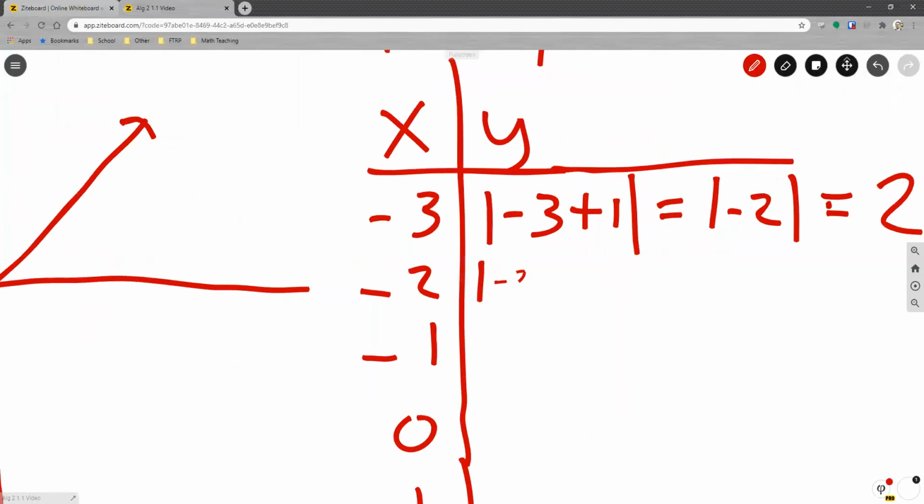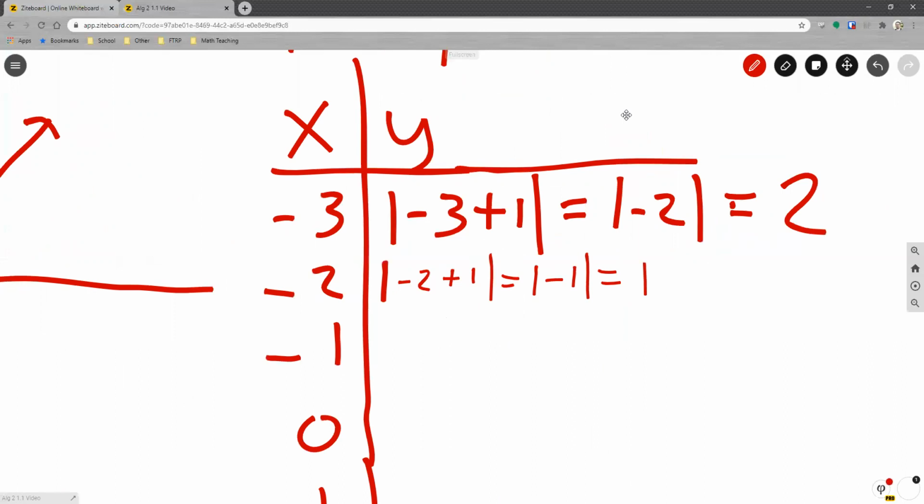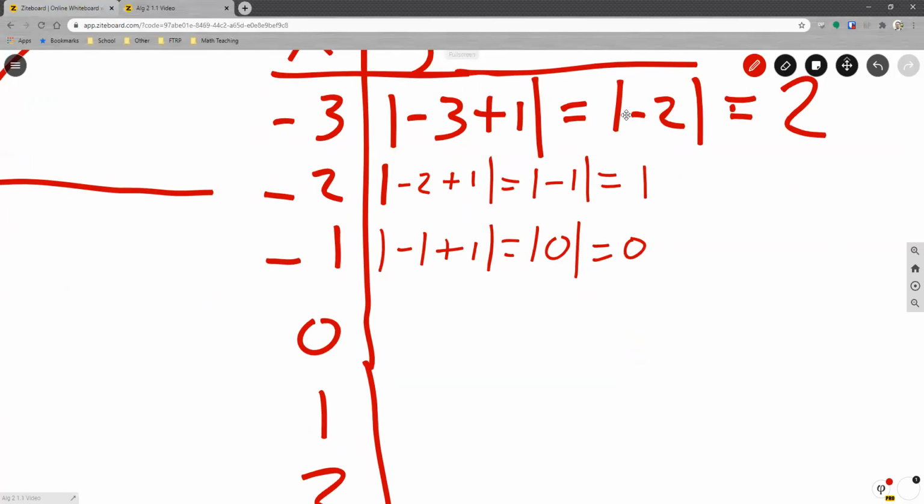I'm going to take -2 plus 1, and that's going to be equal to the absolute value of -1, which is equal to +1. If I do -1, -1 plus 1 inside the absolute value, do the math, we get absolute value of 0, which is 0.